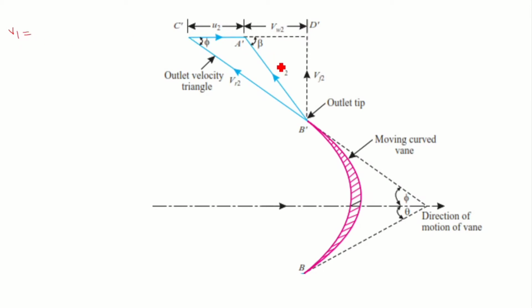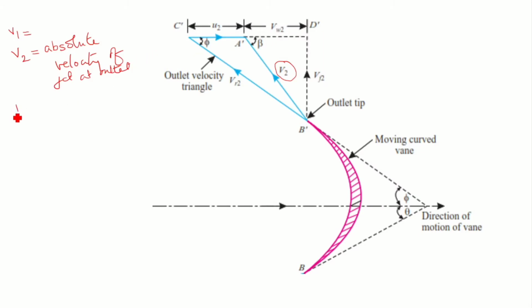Here we are taking it as V2, the absolute velocity of the jet at outlet, and it is making an angle beta.